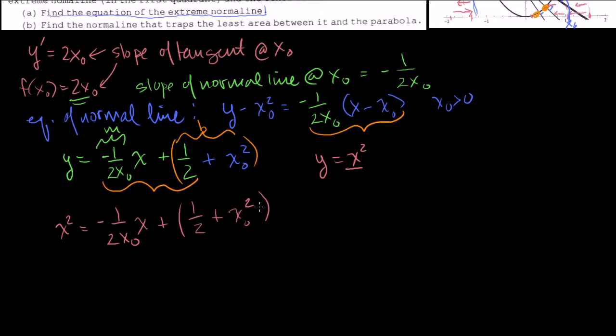So let's put all of this stuff on the left-hand side. So you get x squared plus 1 over 2 x naught times x minus all of this 1/2 plus x naught squared is equal to 0. All I did is I took all of this stuff and I put it on the left-hand side of the equation. Now this is just a standard quadratic equation.